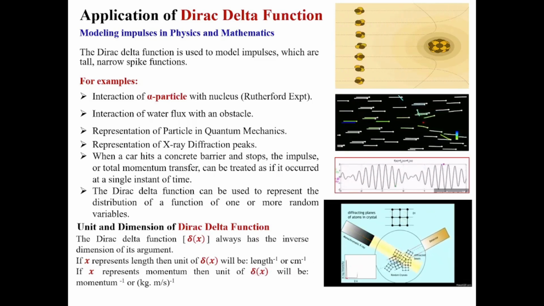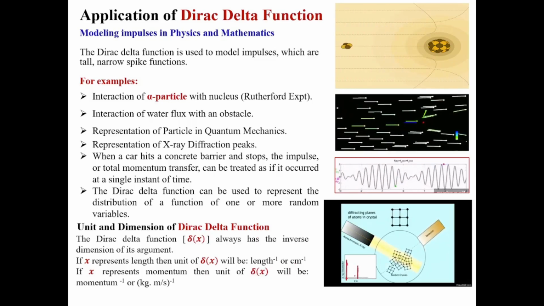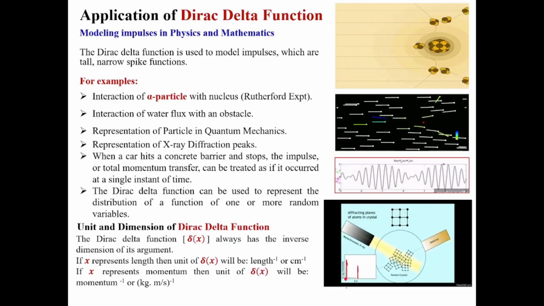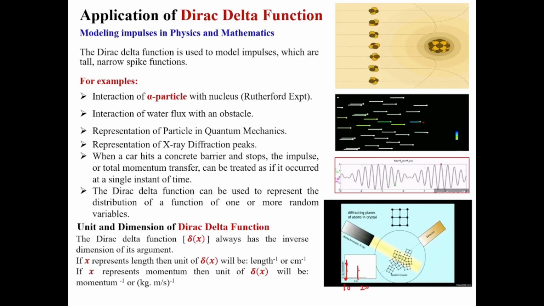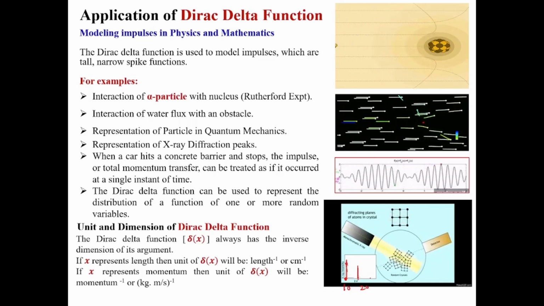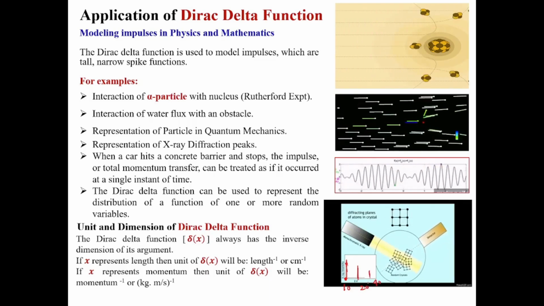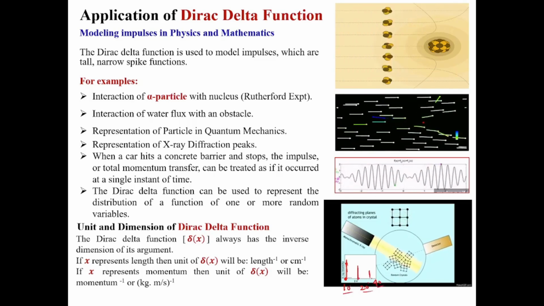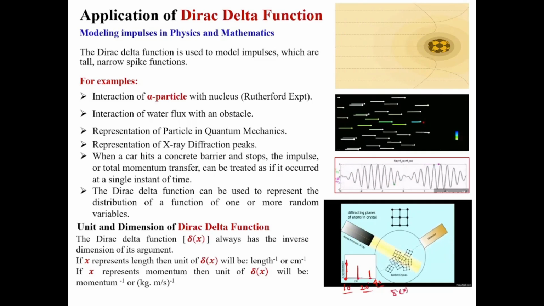Suppose this angle is 10 degrees and this angle is 20 degrees. That means at 10 degrees and 20 degrees we observe peaks, and suppose here is a 40 degree angle. So at 10, 20, 40, the peaks can be represented by the delta function.